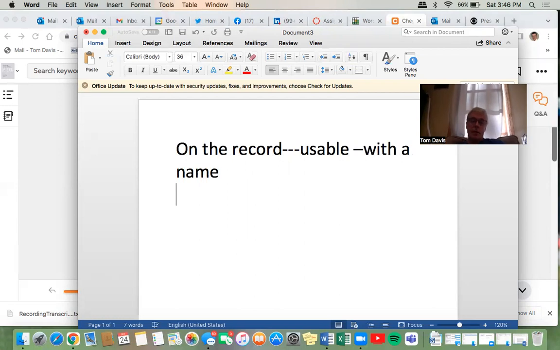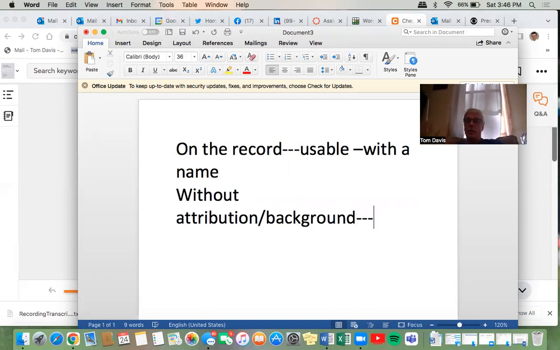You could have something that's called without attribution, or as background, and that's your "sources said" thing, where you want to protect somebody's identity. A lot of people don't like doing that because you can figure it out anyway, and there still isn't a lot of credibility.